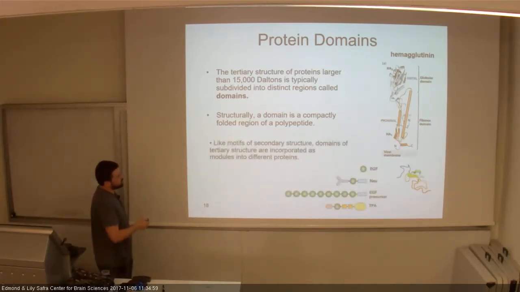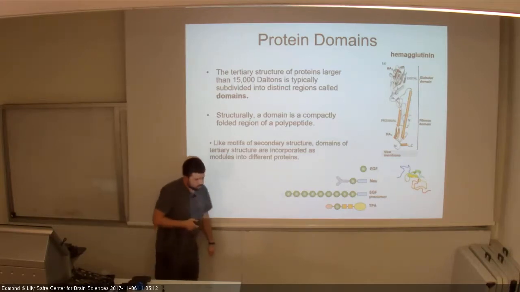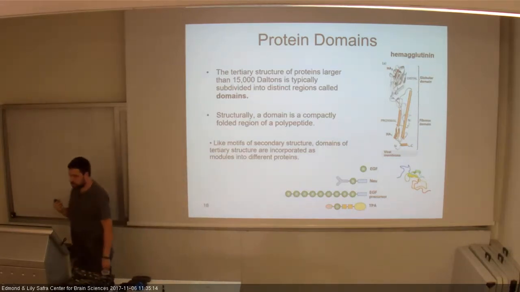So, for example, a lot of times a domain can be something like, in the example of EGF, which is this small protein here, a lot of proteins sometimes will have EGF.